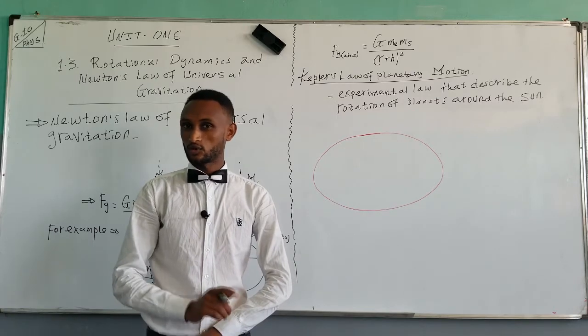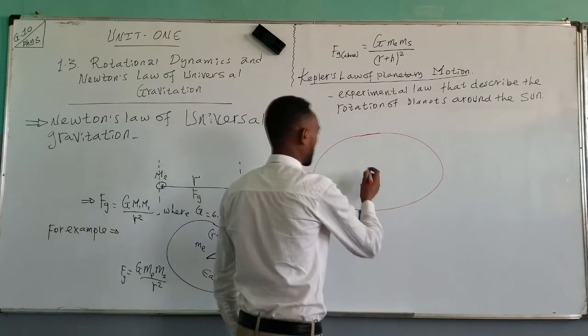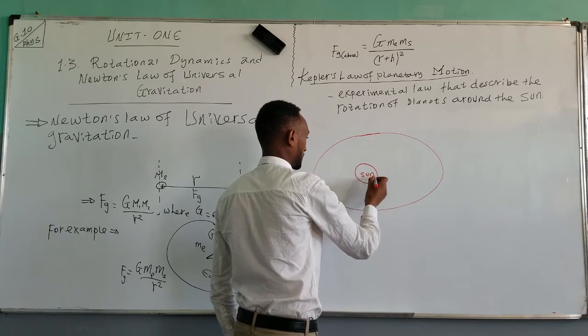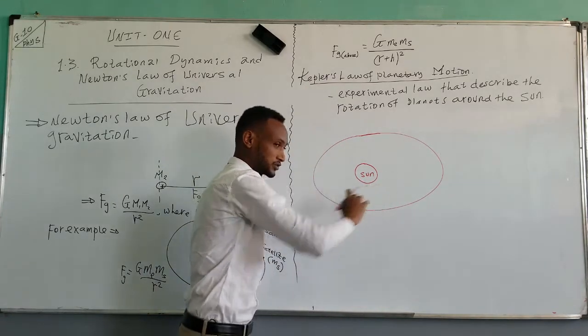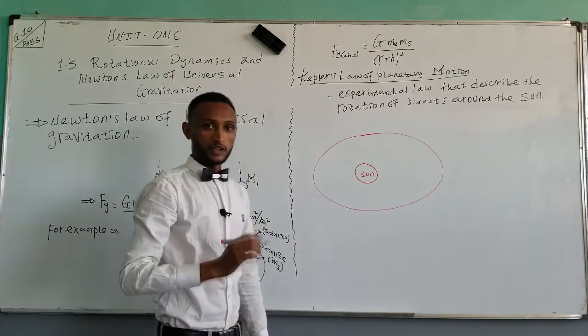That means the motion is a rotational motion. Take the universe and a sun. Planets rotate around the sun. In these cases, Johannes Kepler delivered three laws.